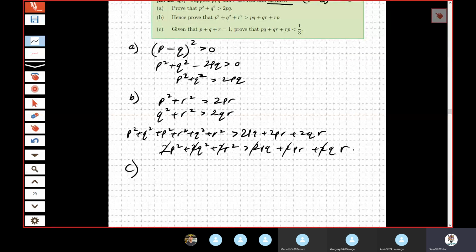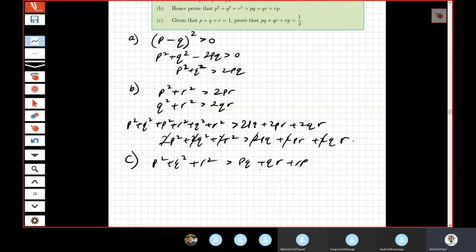I think I had it the first time. So p squared plus q squared plus r squared is greater than pq plus qr plus rp. We know that p squared plus q squared plus r squared can be written from polynomials as a perfect square minus 2 times the sum of its roots two at a time, which is pq plus qr plus rp.